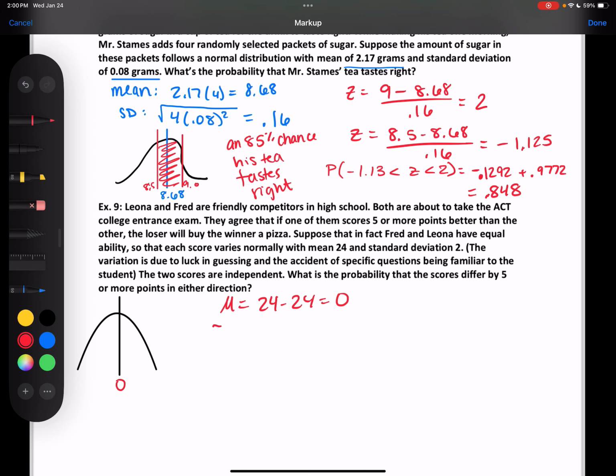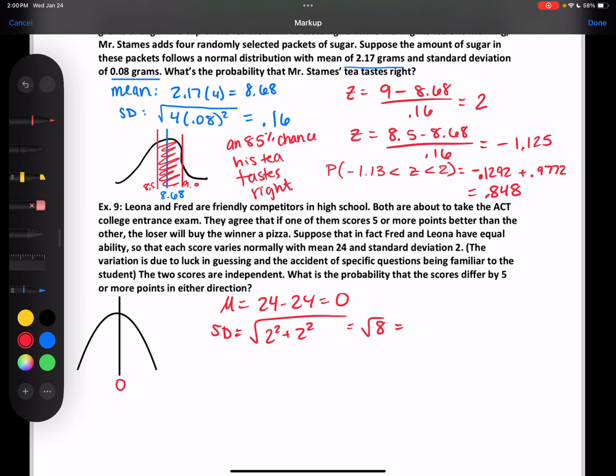Not that we need it for this specific thing because we're going to do it with the calculator. Or, well, actually, we do need it with the calculator. But anyways, then we have standard deviation is the square root of 2 squared plus 2 squared because they can each have a standard deviation of 2, which is the square root of 8.